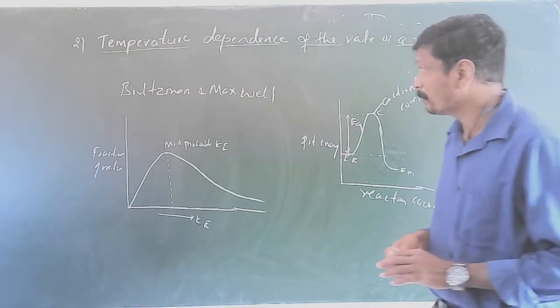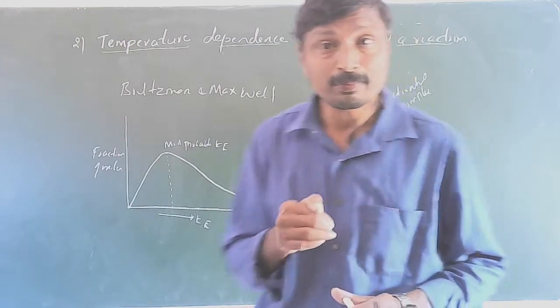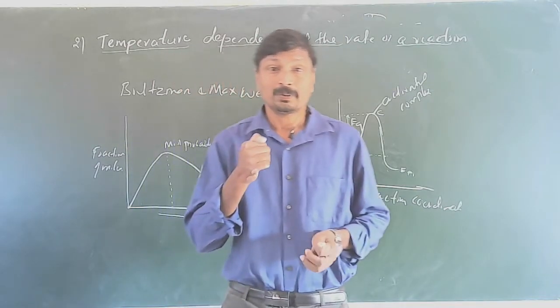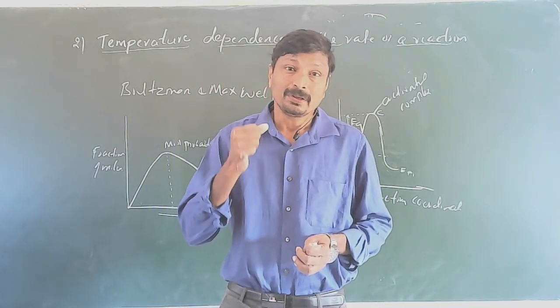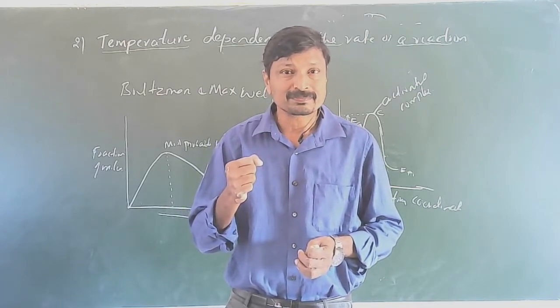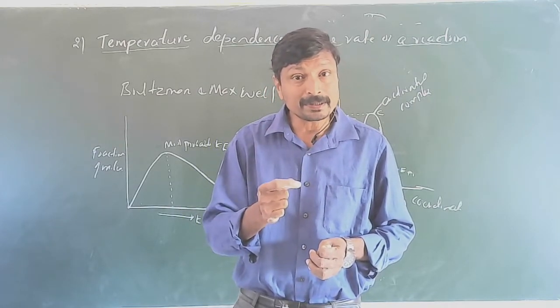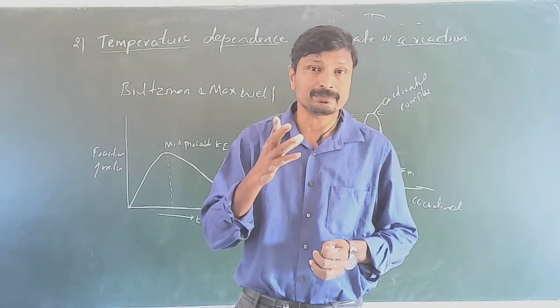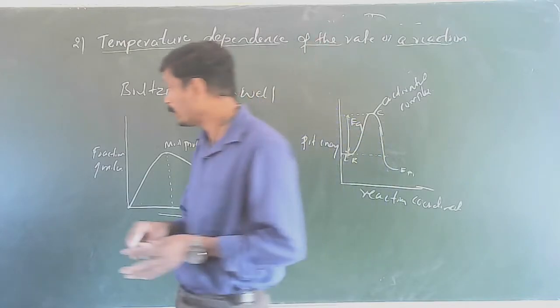Okay, now see what I am going to say here. Why does a 10 degree increase in temperature double the rate of the reaction? This we have to explain. So what actually happens?